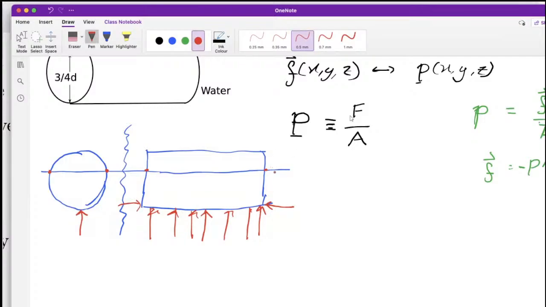Because pressure is proportional as you go towards the depth. Sorry, I have to hit this.